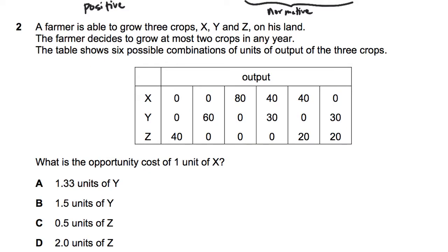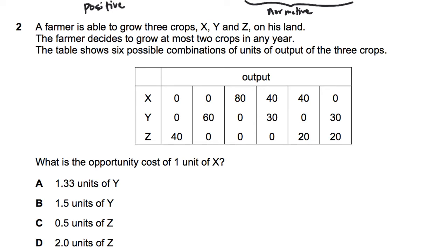Question number 2 says the farmer is able to grow 3 crops, X, Y, and Z on his land. The farmer decides to grow at most 2 crops in any year. The table shows 6 possible combinations of units of output of the 3 crops. So in this question, if you grow X and only X, you can make 80 of it, because you don't grow Y and Z, you're making nothing.